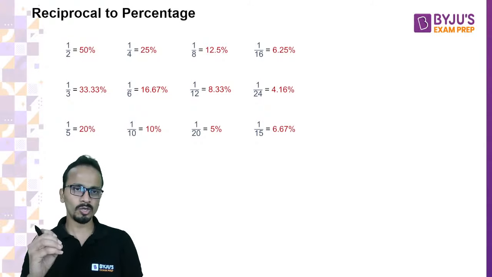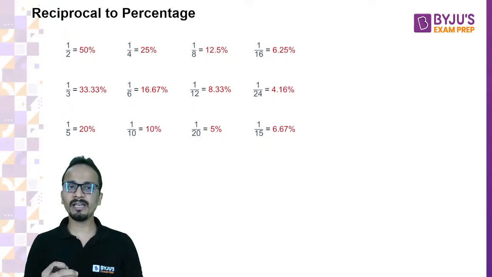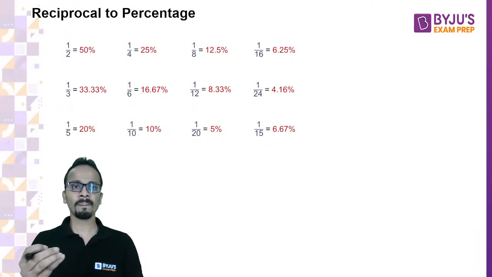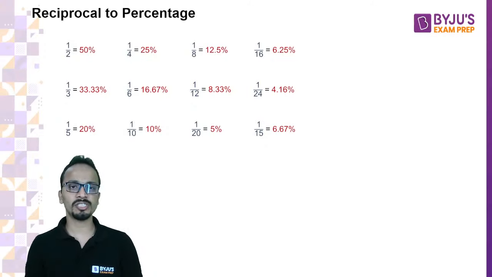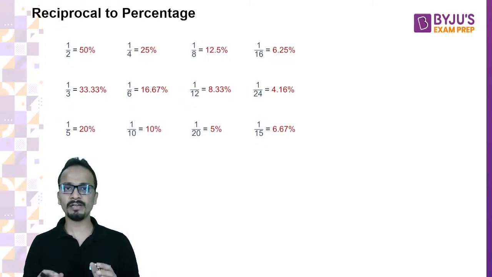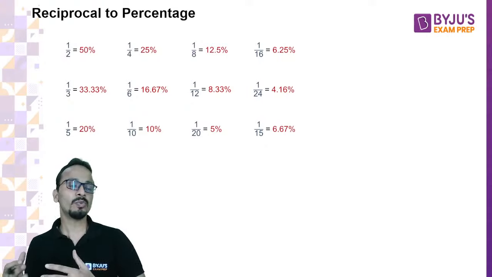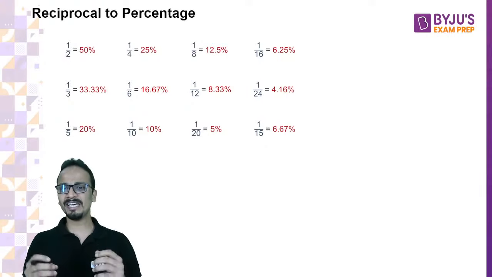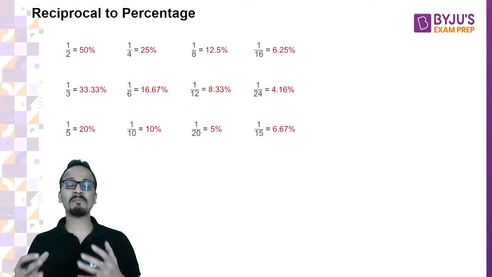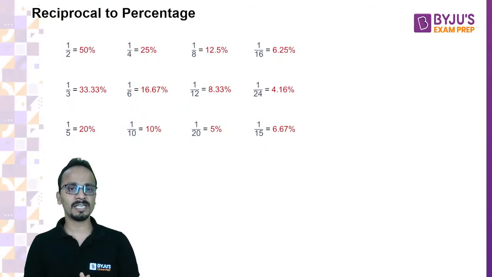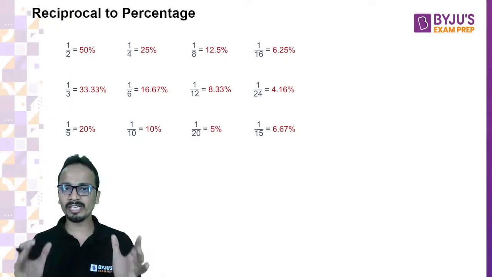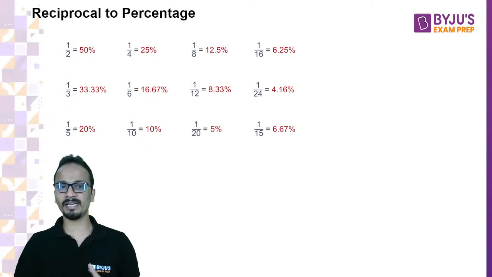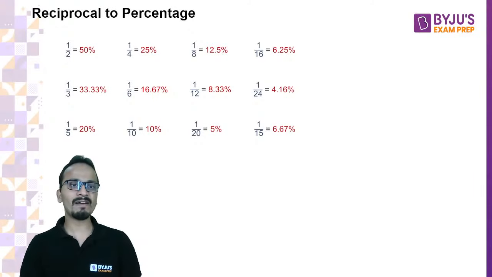So what I believe is, if I establish a certain connection between all these percentage equivalents of fractions, if I relate them with the previous values, if I develop some funny, innovative ways to remember all these things, then it will be easier for us to recall these values at a later instant of time. So let's have a look at this.